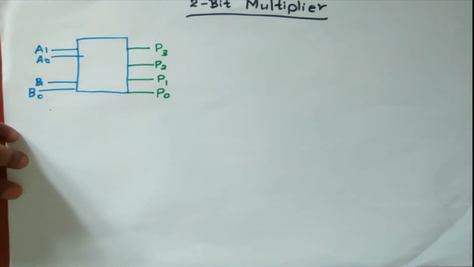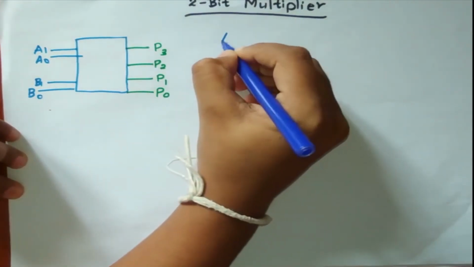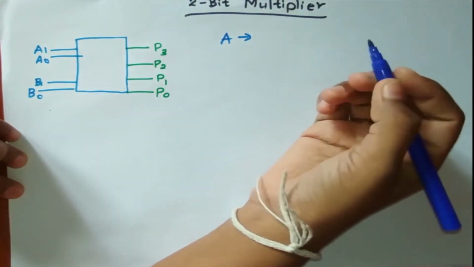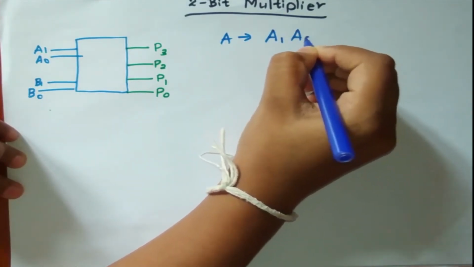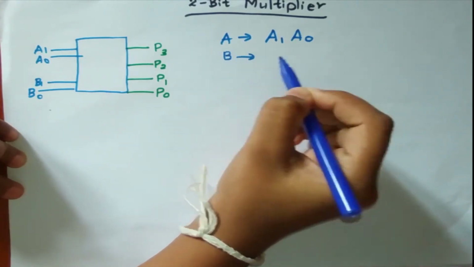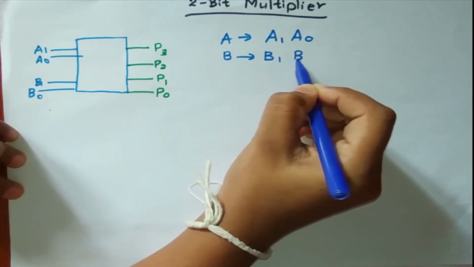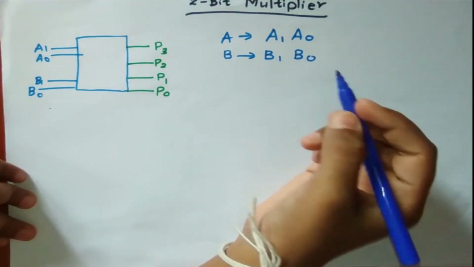So let's take the first 2-bit number as A1, A0, and the second number as B1, B0. So let's multiply these 2 numbers.